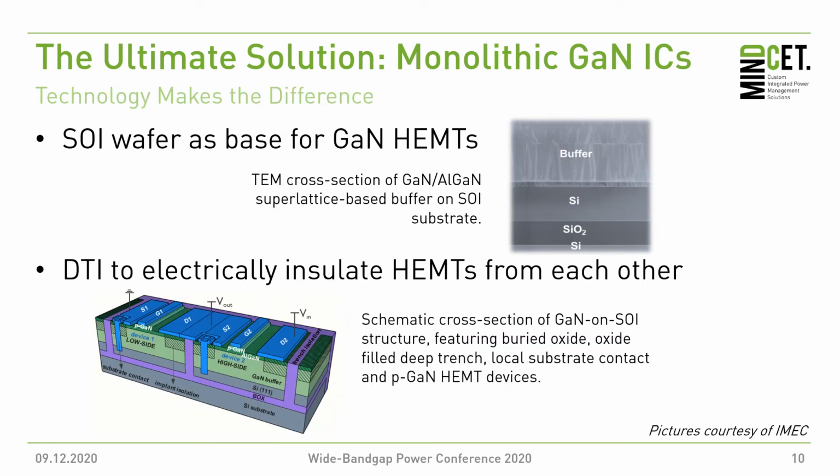So how do we do that? Well, we use the GaN on SOI technology from IMEC in Belgium, and you see here a cross section of the wafer. It's a silicon wafer with the glass epitaxial layers, again a silicon layer, and then the buffer layer to build the GaN.